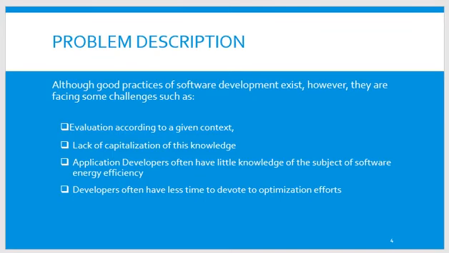That is, we can find just some guidelines on the websites, on the net, but these guidelines are not evaluated given a context, for example, which operating system is used, which language, etc.